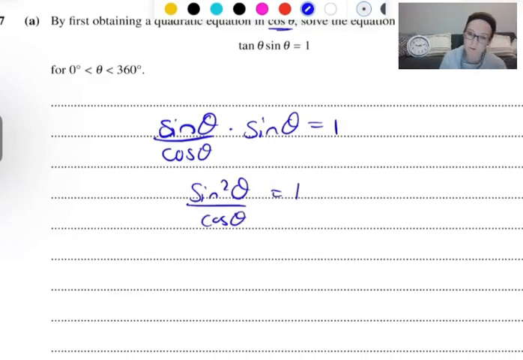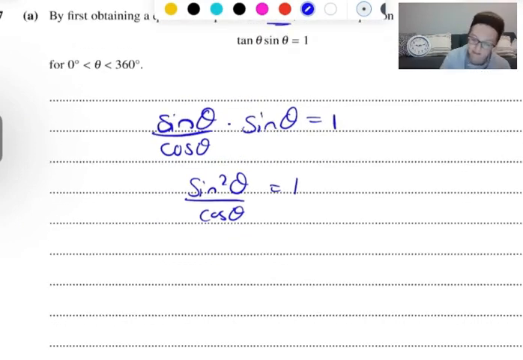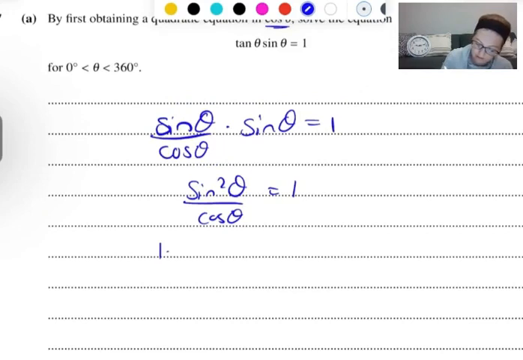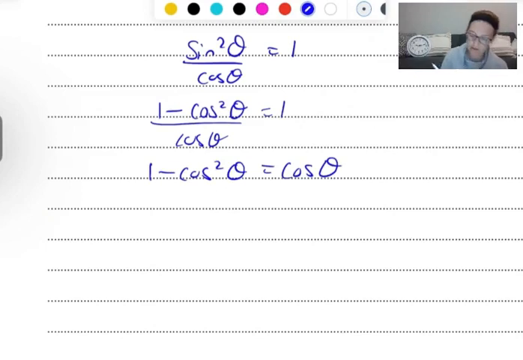Okay, because they wanted a quadratic in cos, I don't want sine, so I'm going to turn sine into cos using my identity. If I multiply through, this is starting to look like a quadratic in cos. So I'm just going to take all my terms to the right-hand side so that my cos squared theta is positive.